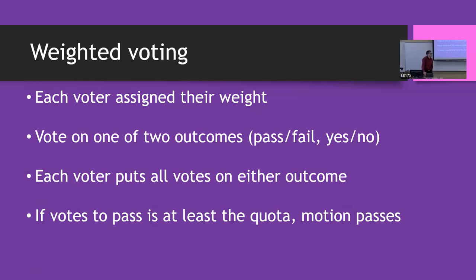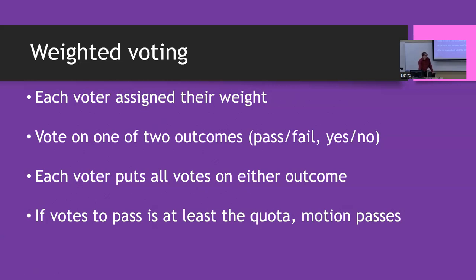So think that we have an ownership in a company and the board wants to do some action and we get to say yes or no to that action, which is just pass or fail. Now, each voter is gonna put all their votes on either pass or fail.